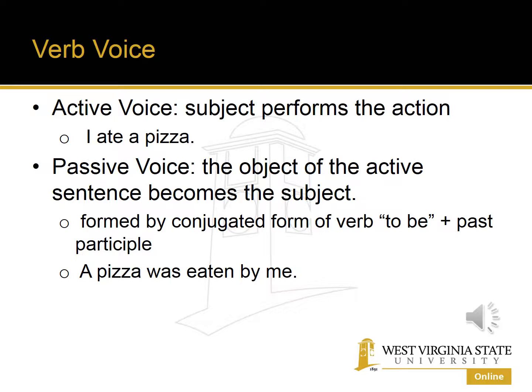What happens with the passive voice is that the subject becomes the object and the object becomes the subject. Now, typically in passive voice, if you're using it for a specific purpose, the subject that gets turned into the object in the passive sentence gets lost.